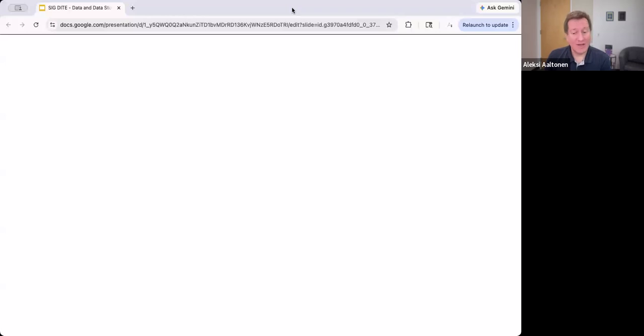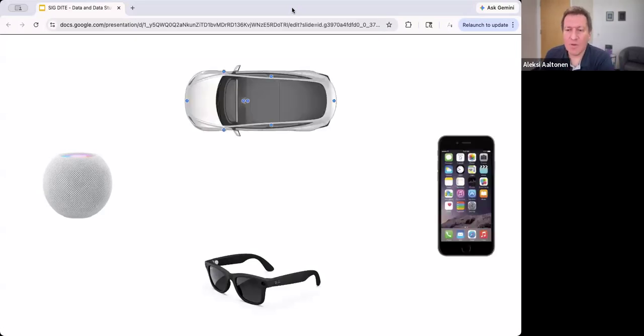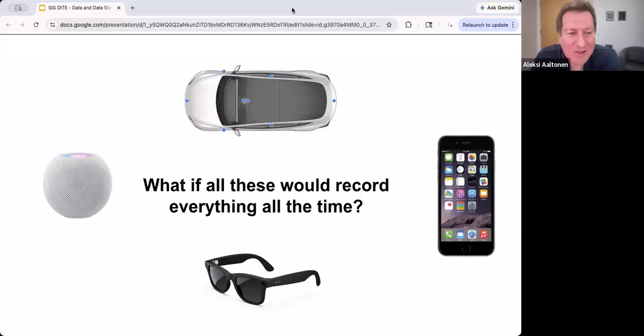training data. And related to this, we live our whole life within the radius of high fidelity microphones and cameras. So basically, what if we could keep all these microphones and cameras that we have in our environment recording all the time, everything?